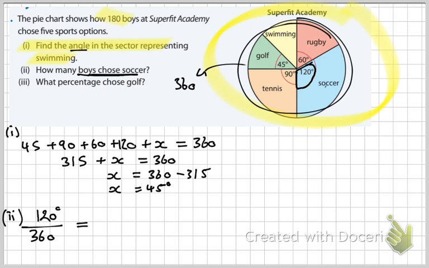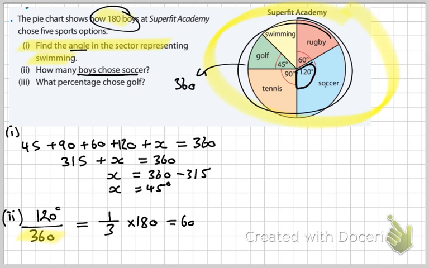So as a fraction, that is 1/3. So 1/3 of the boys chose soccer. So I need 1/3 of 180. I'll go 1/3 multiplied by 180, and that'll give me the amount of boys, and that is 60. Again, very important to note, a whole circle is 360 degrees. That's going to really help us in this.